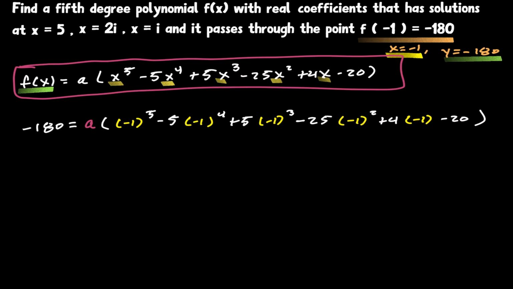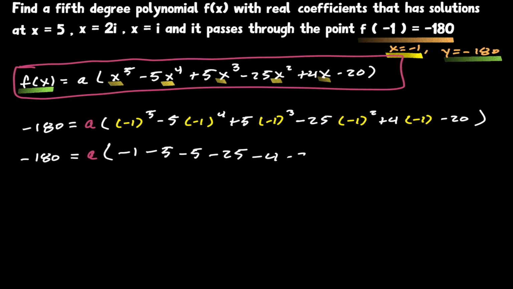So let's evaluate what we have. -1 to the 5th, that's just -1. -1 to the 4th, that is +1, times -5, that is -5. -1 to the 3rd, that's -1, times 5, that is -5. -1 to the 2nd, that's +1, times -25, that is -25. -1 times 4, that is -4.